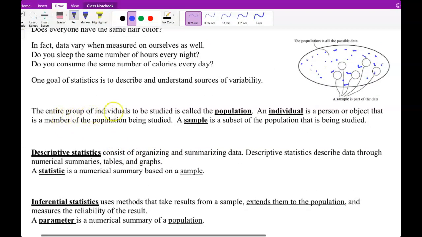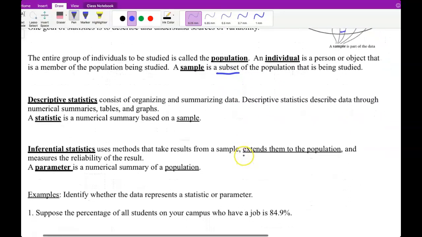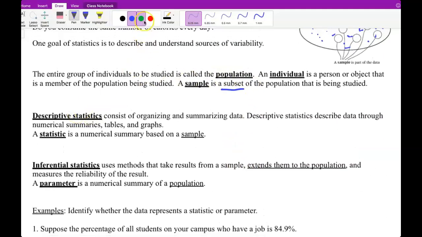So the entire group of individuals to be studied is called the population. And an individual, each one of these, is a person or object that is a member of the population being studied. So a sample is a subset. A sample is a subset of the population. Okay, let's have an example for this part.